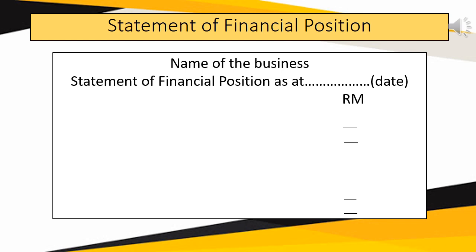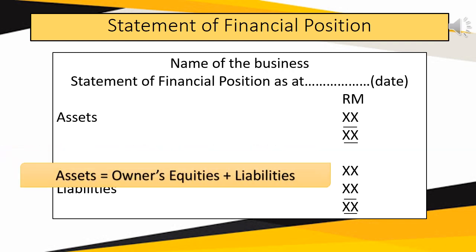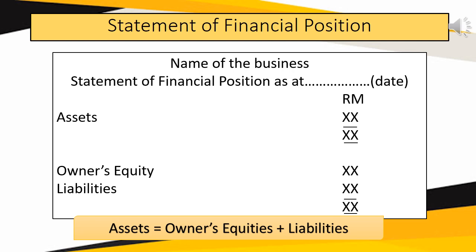As mentioned earlier, the first element of this statement is assets, whereby the total of assets must equal the total amount of owner's equity and liabilities. Therefore, the equation from the statement of financial position is assets equal to owner's equity plus liabilities.